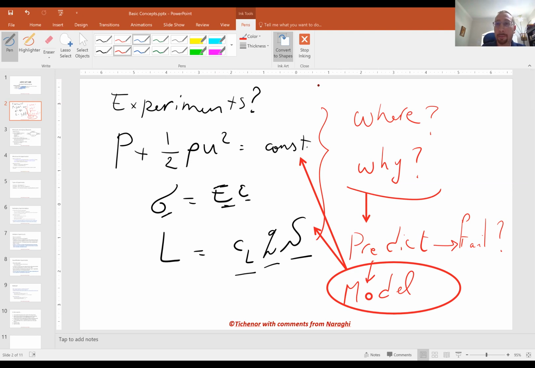However, the other question is, okay, where do they come from? And the answer to where do they come from is literally the experiments. Okay, so we need to do experiments in order to discover these equations.